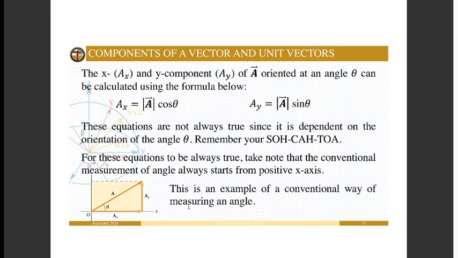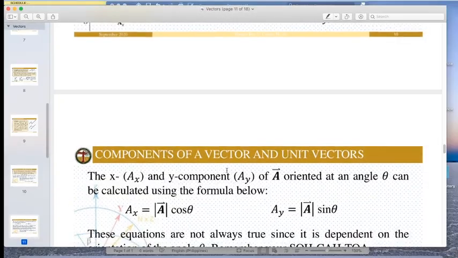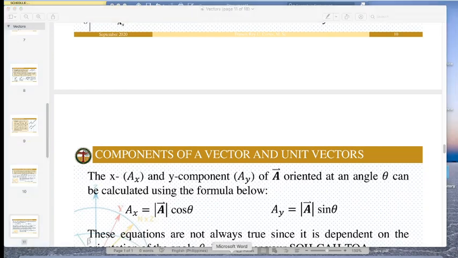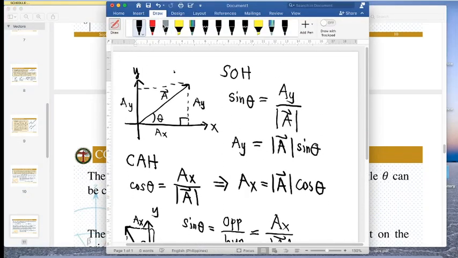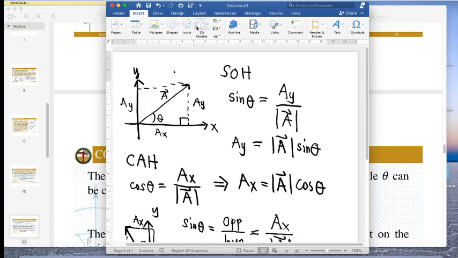So ito yung conventional way starting from the positive x-axis patungo kung saan nag-point si vector A. Okay? So example naman, if your vector A is, for example, okay, so I will insert a page, a blank page.